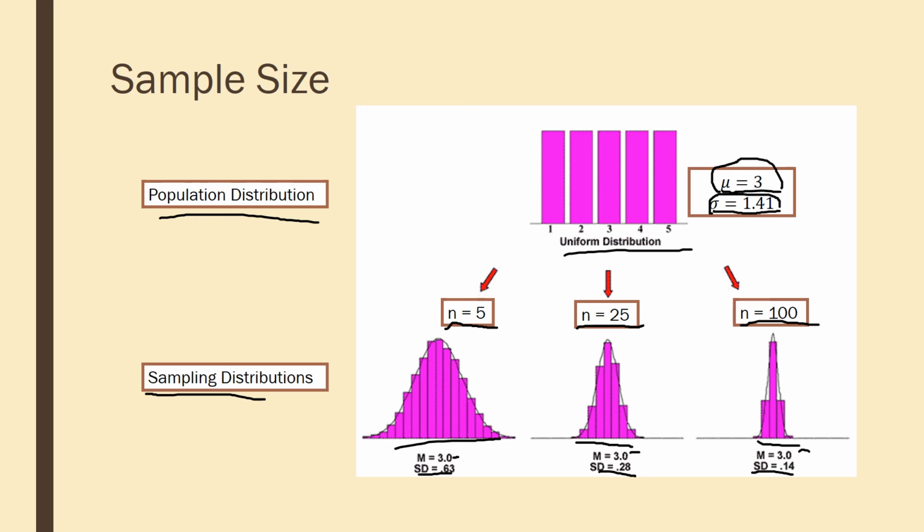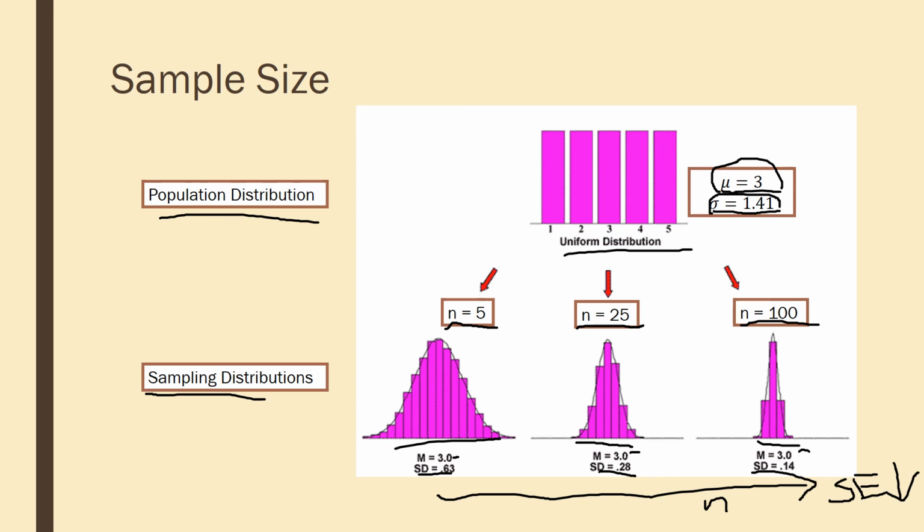And what you also should notice is that as we increase our n, our standard error decreases. So when we had n equals 5 here, we got 0.63. When our n was 25, we got 0.28. And when our n was 100, we got 0.14.